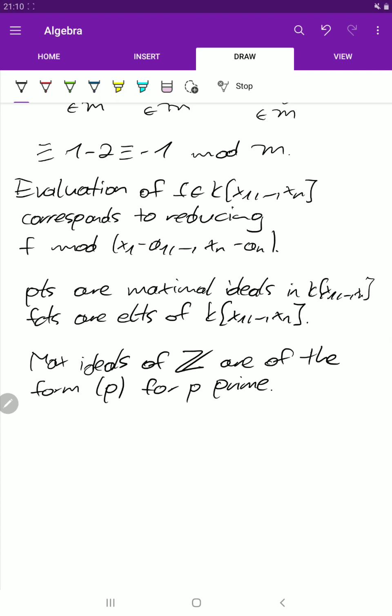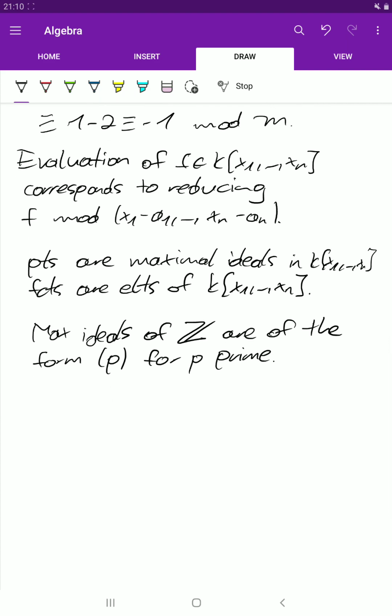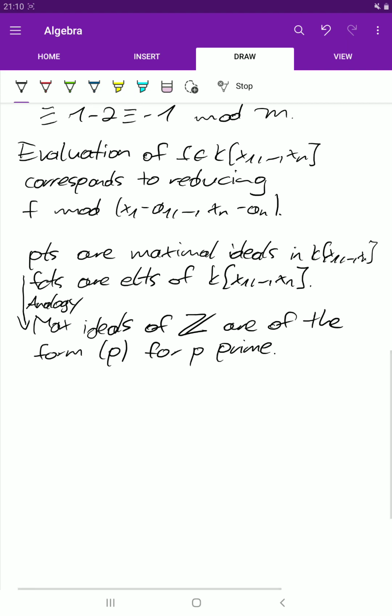Okay, so these are basically now our points. So we want to do an analogy. All that I'm saying is very sketchy and just a motivation. So we'll do a lot by analogy. And now, this means that the points are primes.